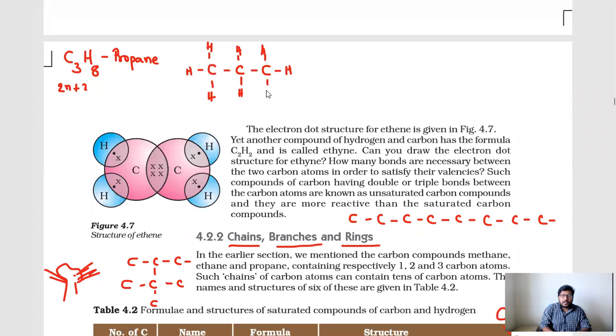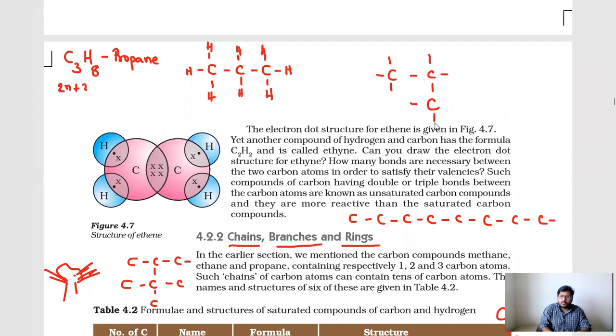Now, do we need to represent C3H8 the same way only? Is there any possibility to change the structure? Yes, you have the possibility. You can draw this like this also. You see carbon, carbon, you can draw another carbon here. Now valence is 1, 2, 3, 4 for this carbon, 1, 2, 3, 4 for this carbon.